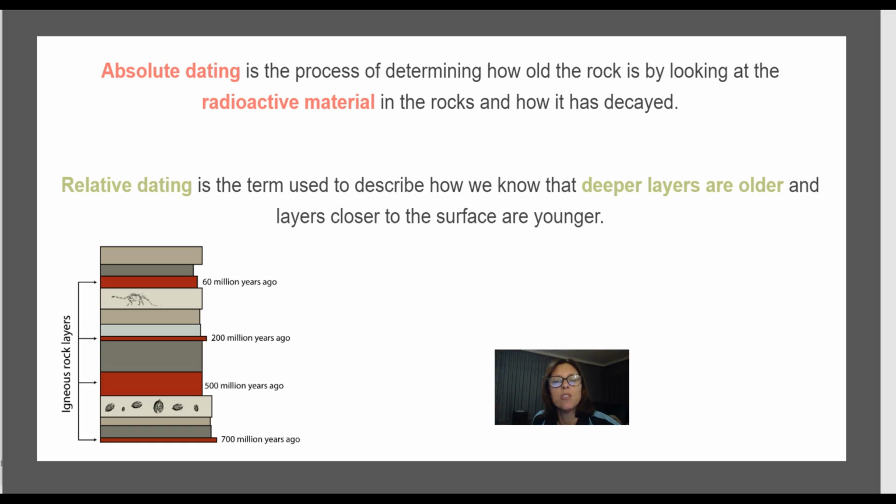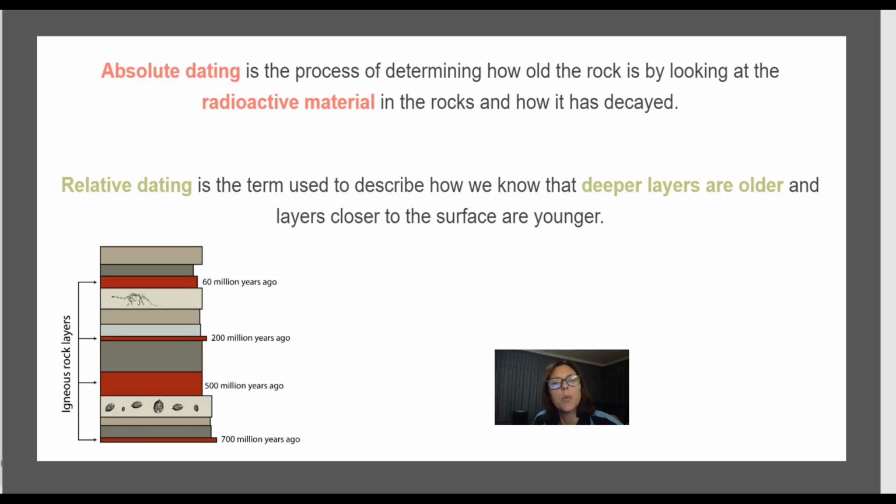You would have in your Year 9 course looked at radioactive isotopes that have a half-life and break down by half every however long their half-life is, every 1,000,000 years or 2,000,000 years or whatever. And by determining how much is left of that radioactive isotope is a way of determining how old that actual fossil that they have found is.